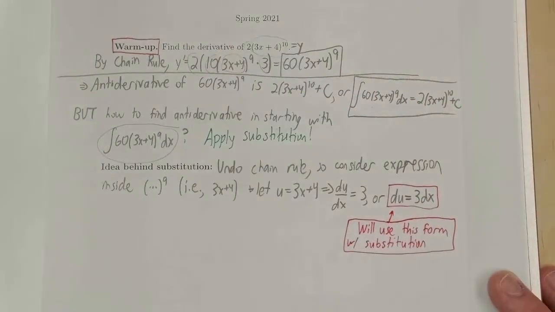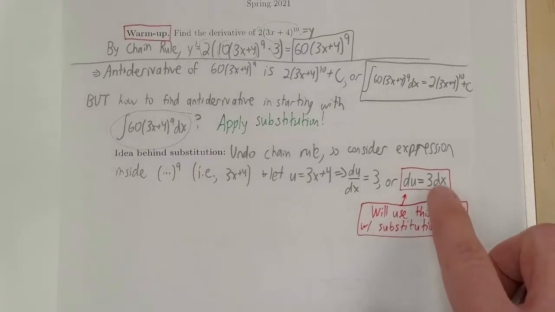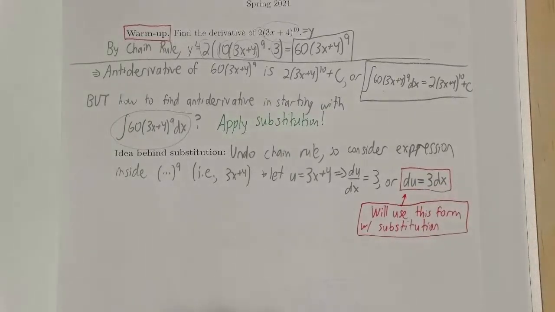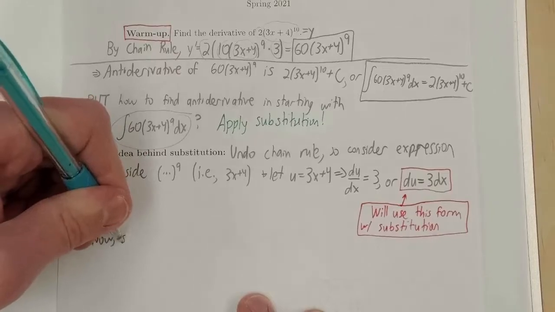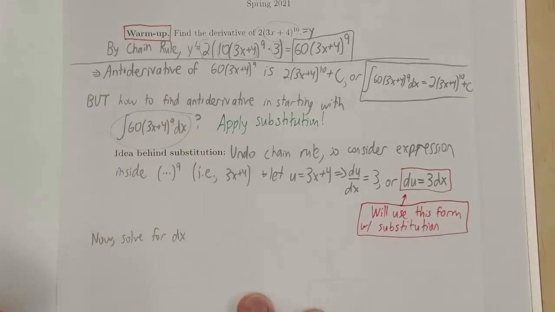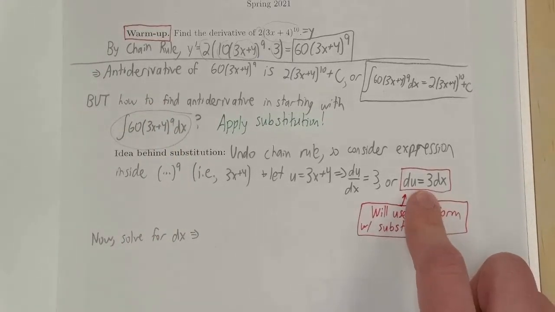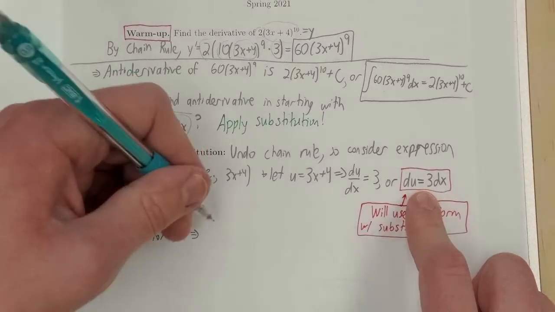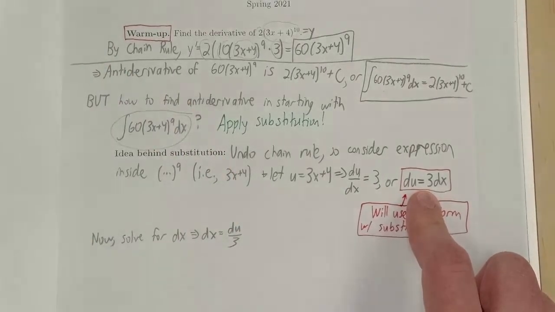Now we're going to solve for dx from this. In this case it plays pretty nice, you just divide by 3 on the other side, no problem. So we have dx equals du over 3.